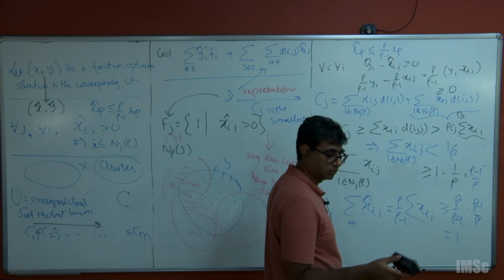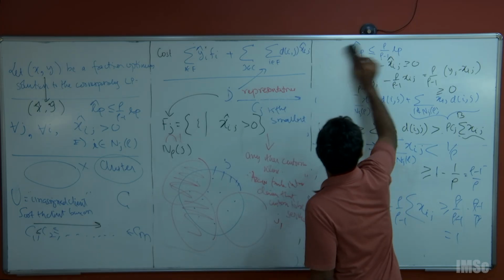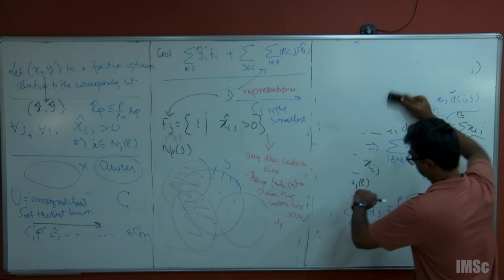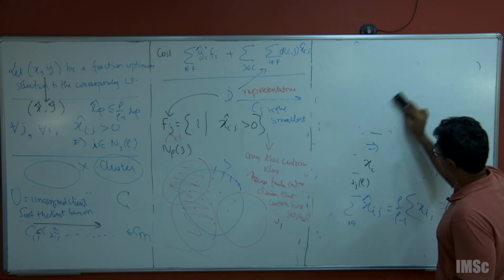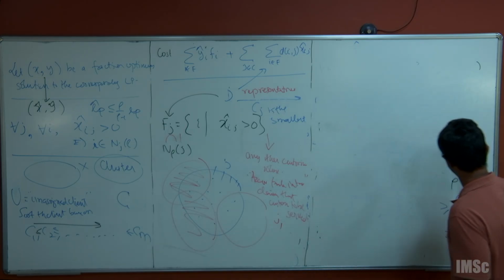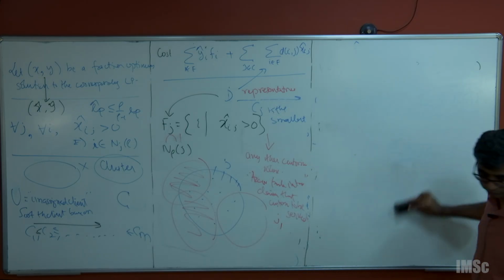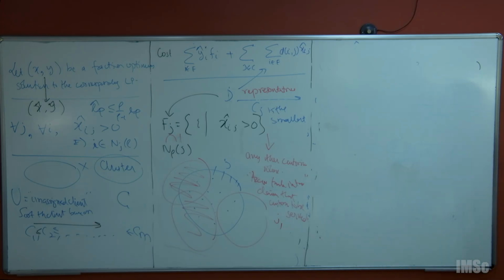Sir, if those balls are there and I delete some of the customers, then how will we ensure that those customers are served by any of those in rho?